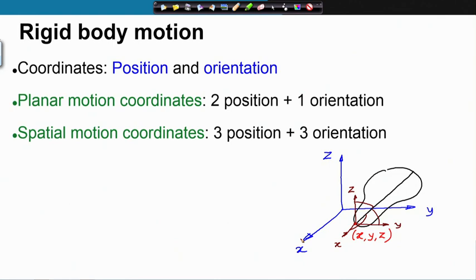So, by having these angles, let us say gamma x, gamma y, gamma z, I can fix the position of the body. So, x y z and gamma x, gamma y, gamma z will fix the position and orientation of the body in space. So, I require 6 coordinates for a body in space.